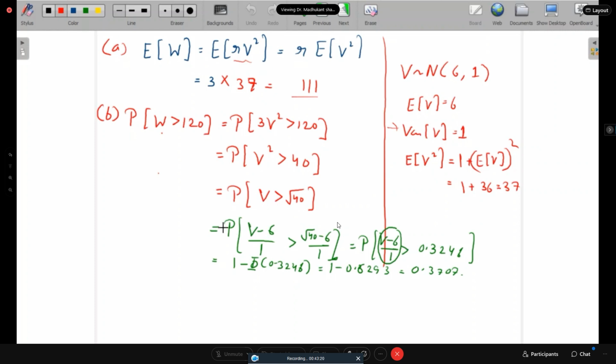Because V follows the normal distribution with some mean and some variance, you translate the information into a standard normal variate by subtracting the mean and dividing by the standard deviation. So V minus 6 by 1, and if you work it out with the table, that will give you the final answer, 0.3700.